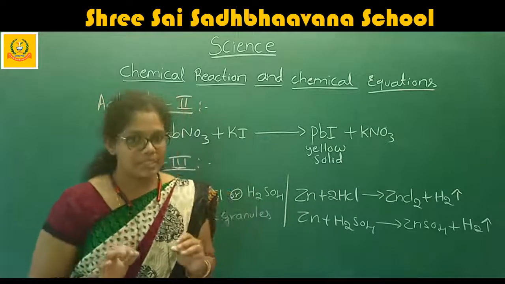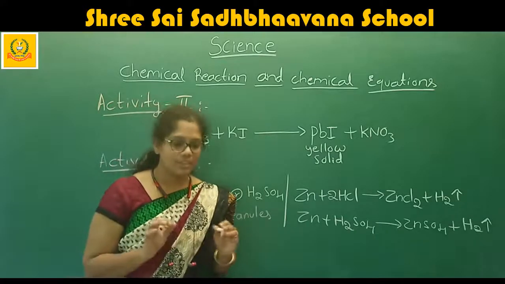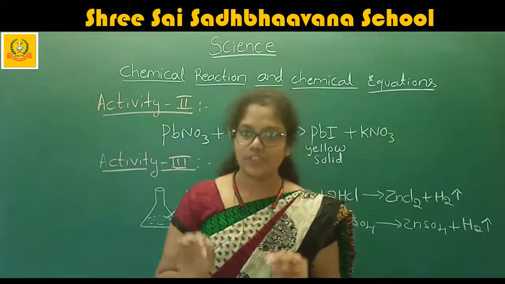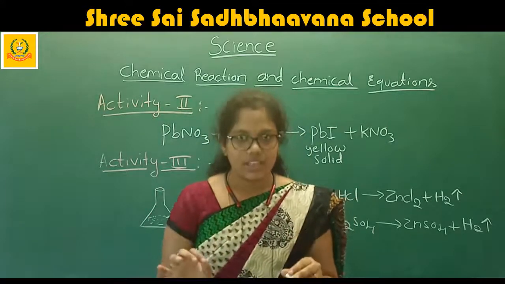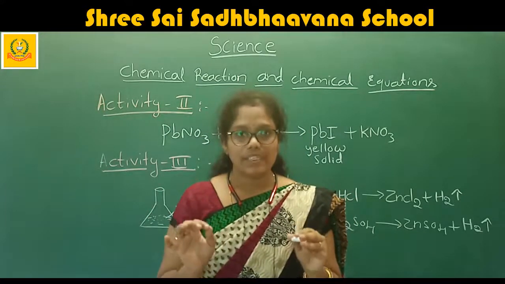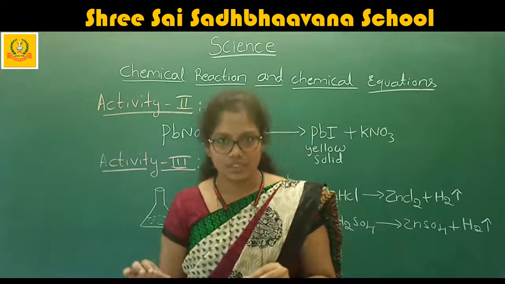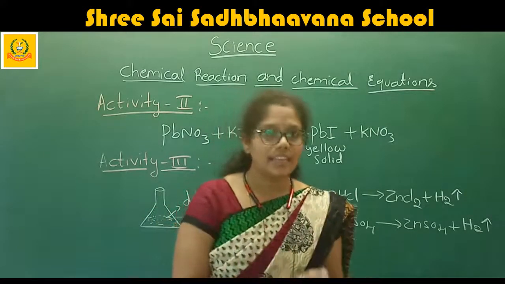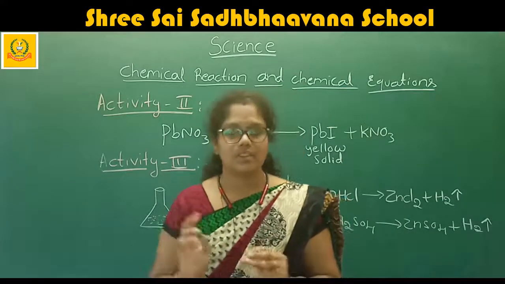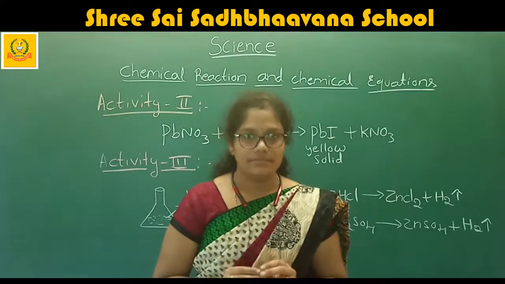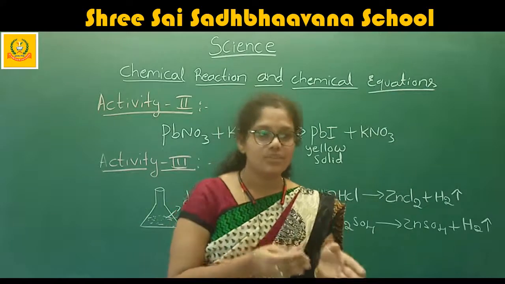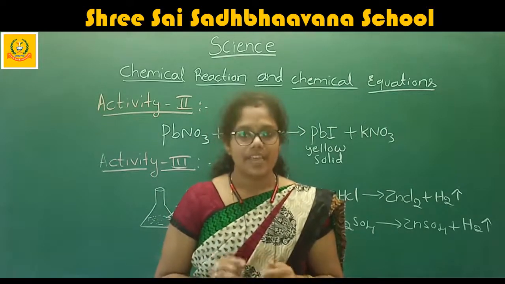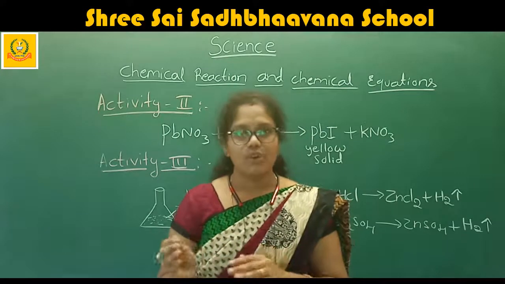The chemical equation is the symbolic representation of the chemical reaction, and it is also balanced on the reactant side and the product side. It should be balanced. The reactant side is always equal to the product side.